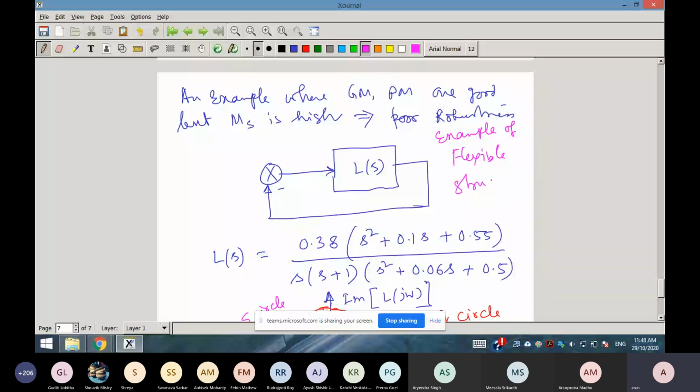Okay, so now the next thing is that naturally the question arises: okay sir, gain margin, phase margin, so how to guarantee this?